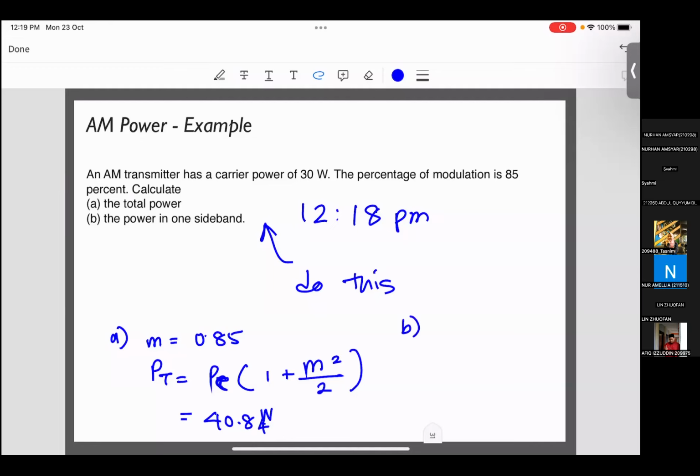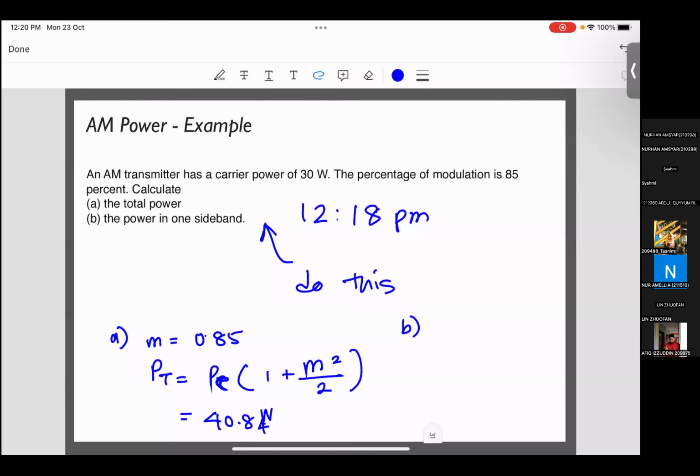So my next question is for Emilia. What is the power in one sideband? Can't hear you. I got 5.42 watts.